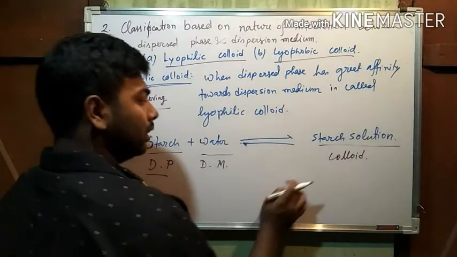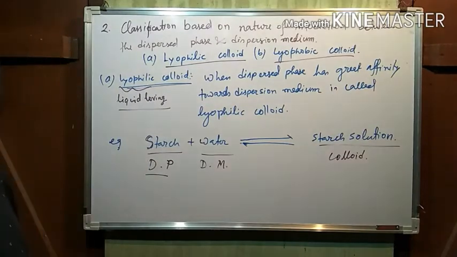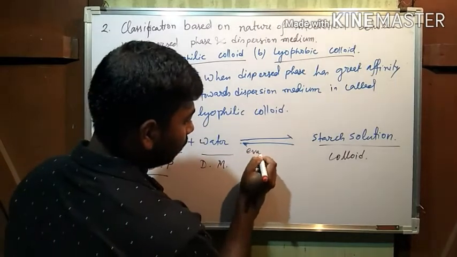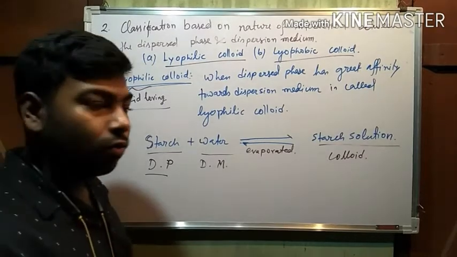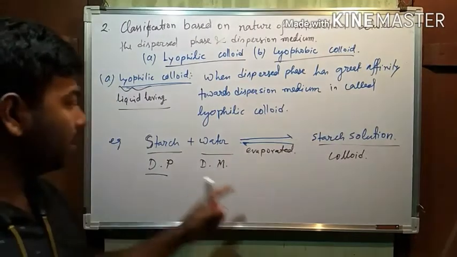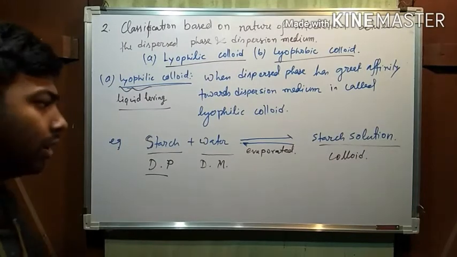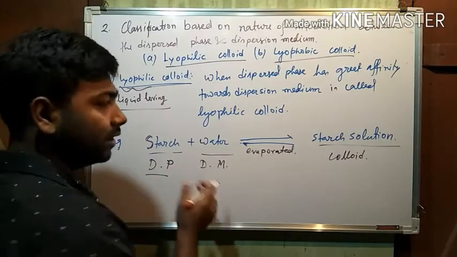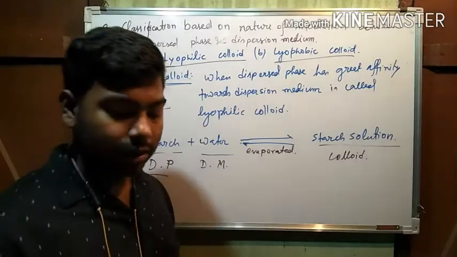Since it is a reversible process, when the colloid is evaporated by heat, we can get the dispersed phase and dispersion medium separately. If we evaporate the starch solution, we get starch, the dispersed phase, again via evaporation of water.